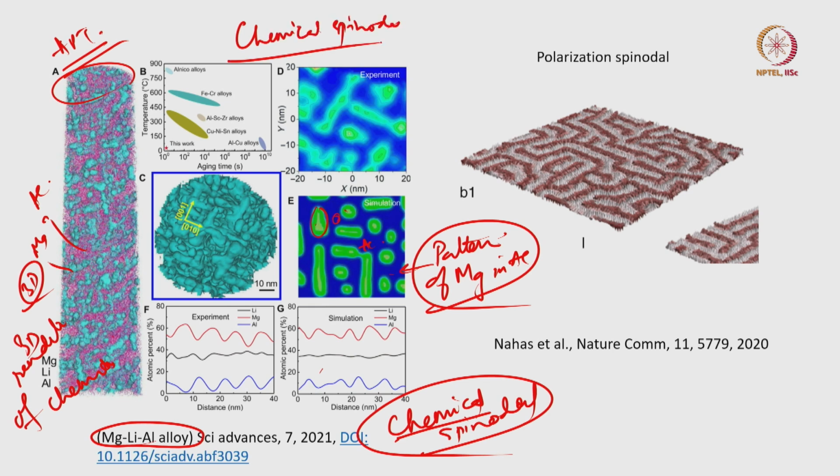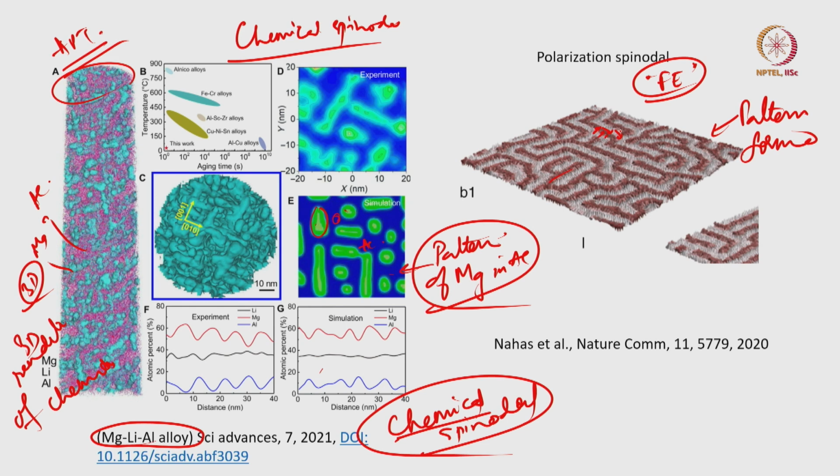Right. But if I see here is a region, for example, all these brown regions, there is clearly a pattern formed here. Let us say this is what is called a ferroelectric material, and in all these brown regions the polarization is in a certain direction, and in all the other regions the polarization is in a certain other direction.